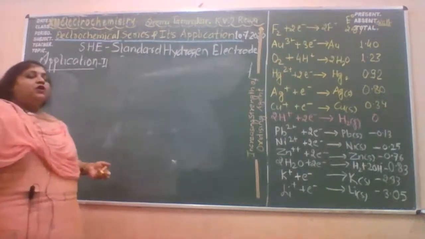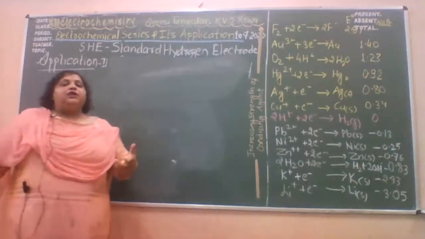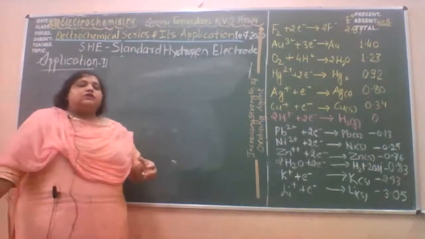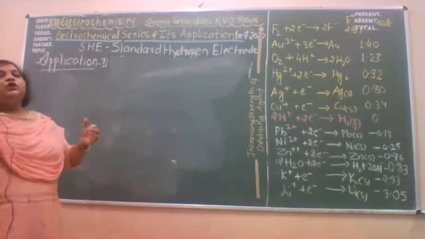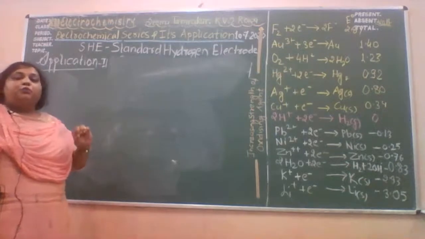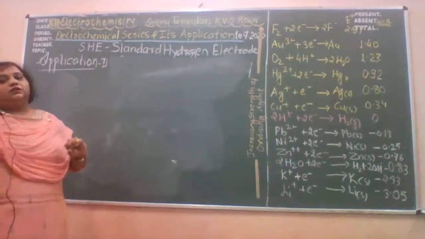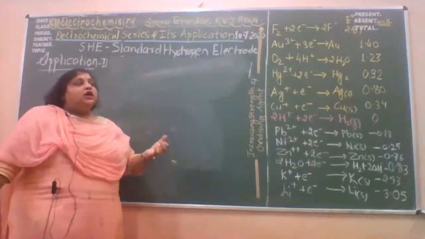Suppose I have dilute HCl and I have been given aluminium, zinc, copper and silver, and I have to predict which of these will produce hydrogen gas.